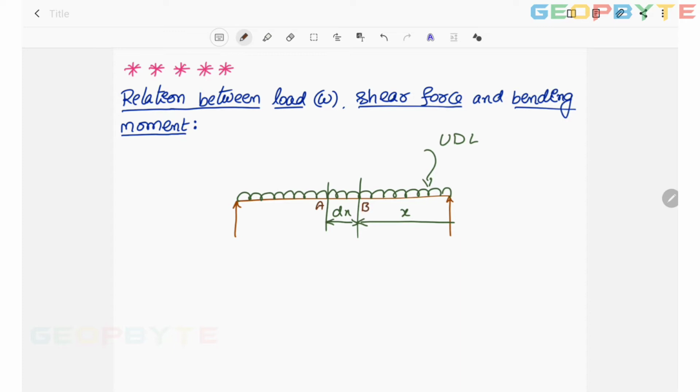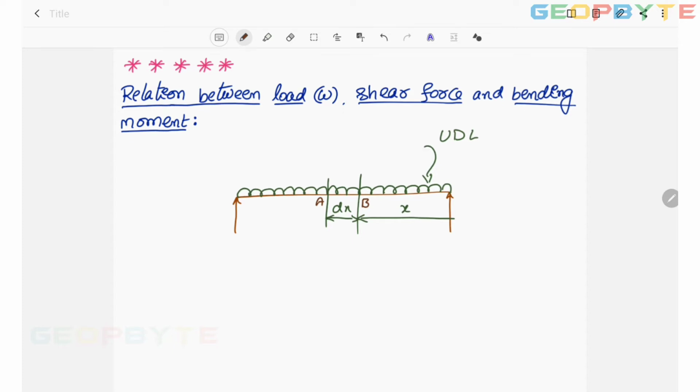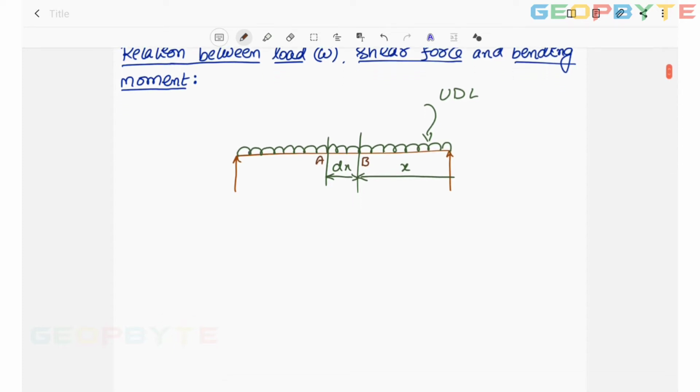Now let us construct that dx part as a free body diagram. That dx part as a free body diagram can be drawn like this. That dx, this is the beam section, beam depth section.